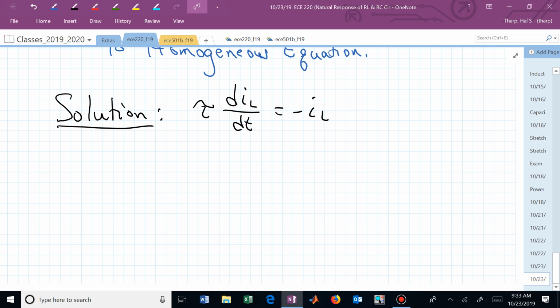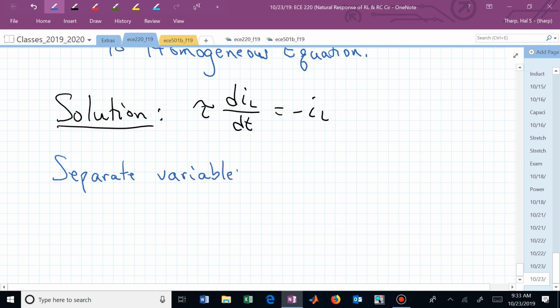I sub L on one side and time on the other. So let's now separate our variables. And we now have di sub L over I sub L is equal to minus 1 over tau dt.